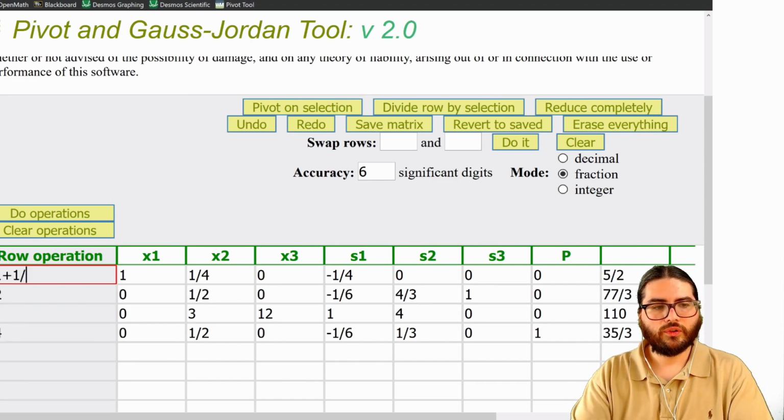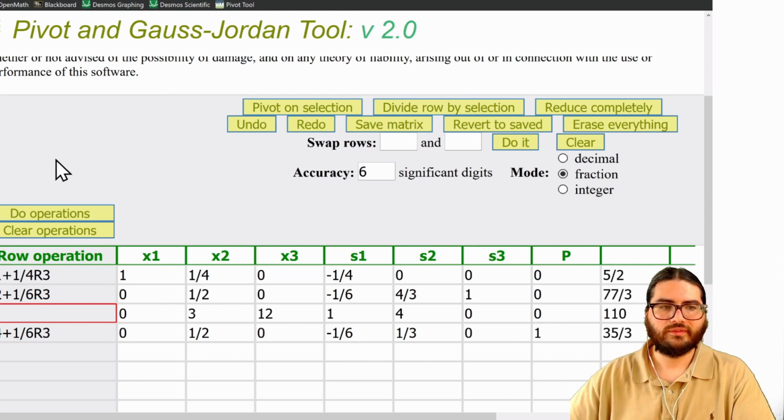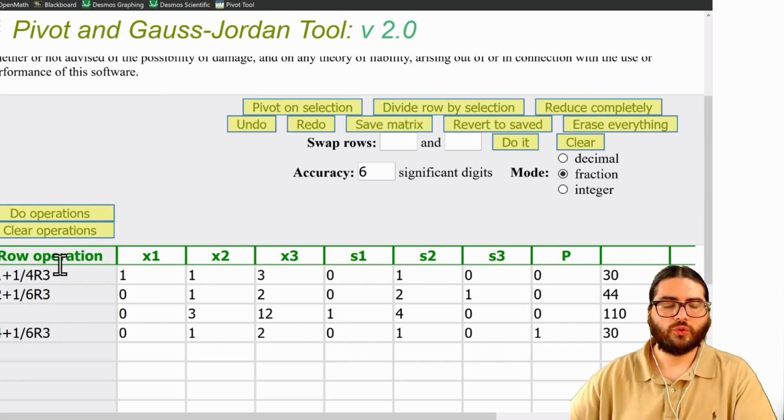Cancel out a negative 1/4, I need a positive 1/4. Cancel out a negative 1/6, I need a positive 1/6. And to cancel out a negative 1/6, I need a positive 6. Do those things for me.